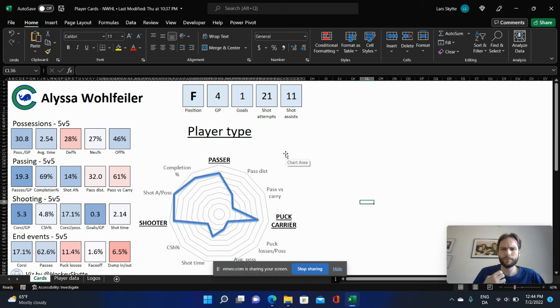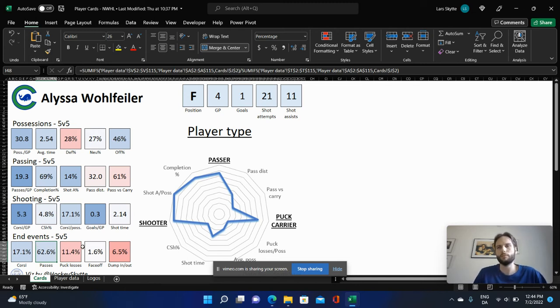So I elected to categorize the players in 3 player types. You can be a passer, you can be a shooter, or you can be a puck carrier. I've defined being a passer by this number: how big a percentage of your plays ends with a pass.